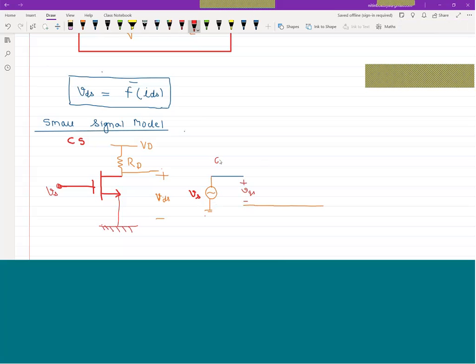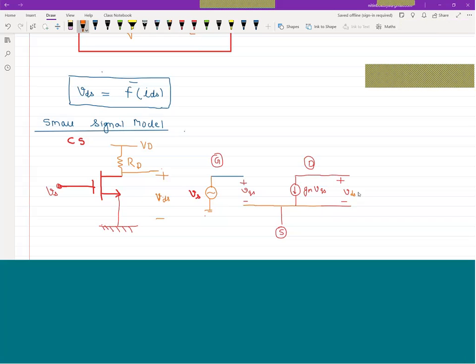This terminal is known as gate terminal, this terminal is known as source terminal, and current here is GM into VGS, and this terminal is drain terminal, and we can take output from here between VDS. So this is the fundamental arrangement.